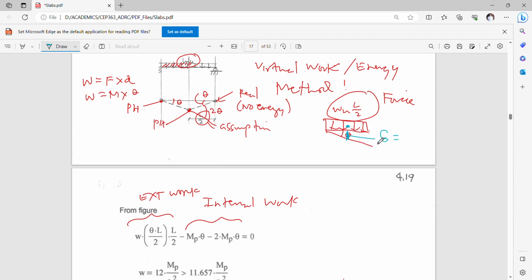So this delta is equivalent to the rotation multiplied by a certain distance from point here, which is L over 4. Okay, so this delta is equal to theta times L over 4, which is basically at the left hand portion.